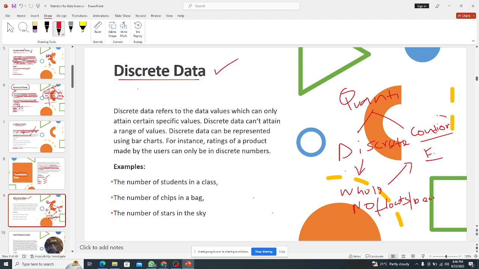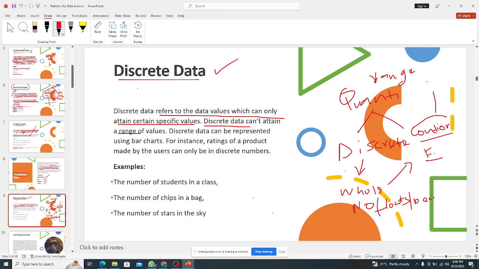Now let's start with the discrete data. For discrete data, we've said it refers to data values which can only attain certain specific values. Discrete data can't attain a range of values. Remember when I was talking about range, I said range is a good example of continuous data.